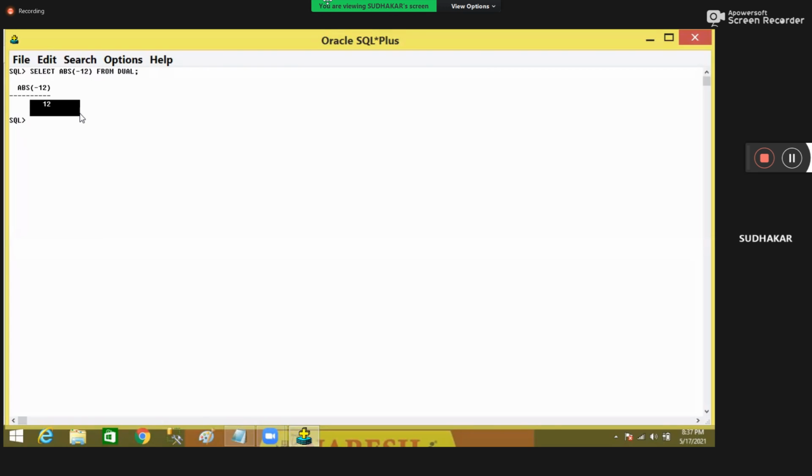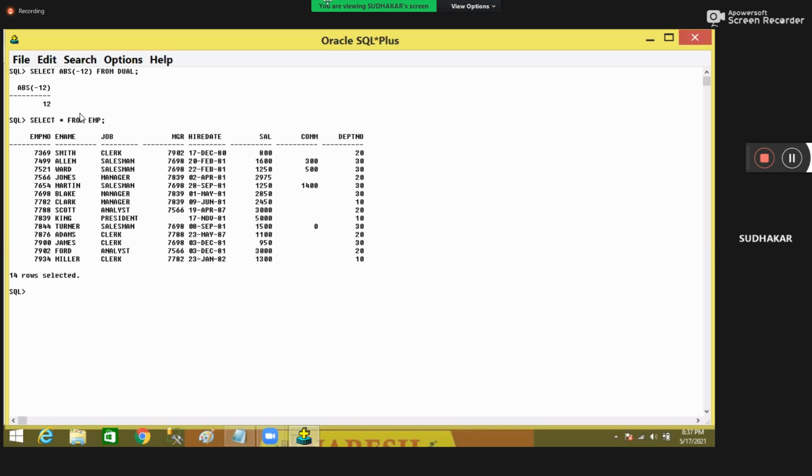In one more example, suppose the EMP table is there. Carefully observe the EMP table. From this EMP table, I'm calling a few columns like ename, salary, commission, and commission minus salary.